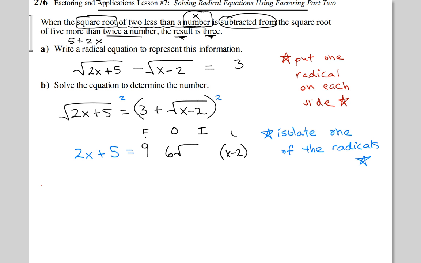Six root x minus 2. Good. And it's all plus. And if you don't see that, then you are a person that would be okay with writing it twice and then doing the FOIL. Okay?